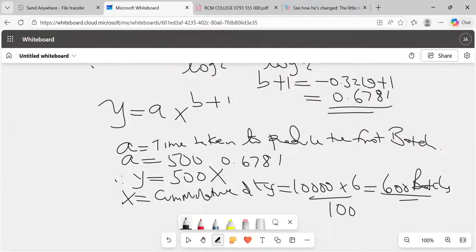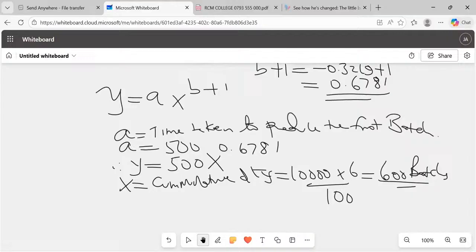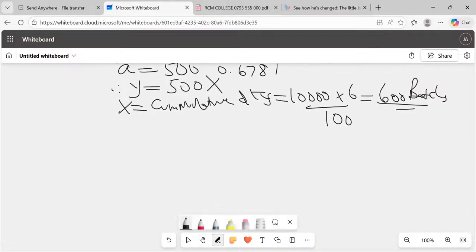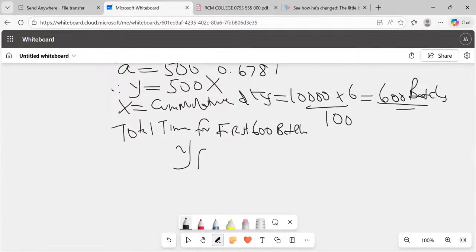So then I should be able to get the total time for the first 600 batches. This will be Y. First 600, which will be 500 times 600 raised to 0.6782.